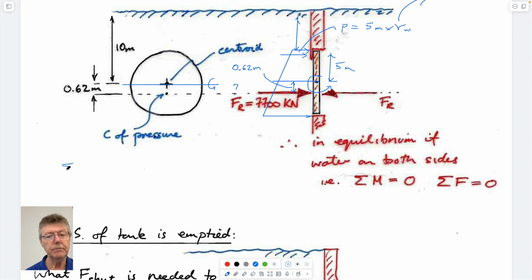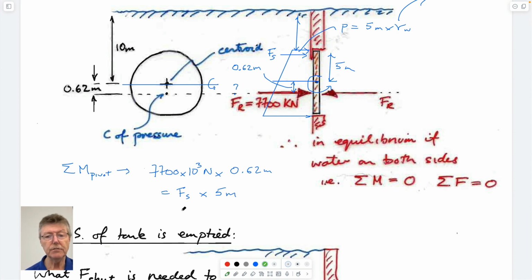And so if we sum moments about the pivot point, then what we end up with is 7,700 times 10 to the 3 newtons times the lever arm, which is 0.62. And that has to be equal to whatever this force, what are we going to call it? The stop force, multiplied by 5 meters.